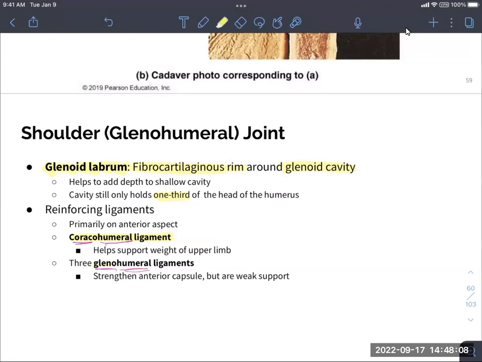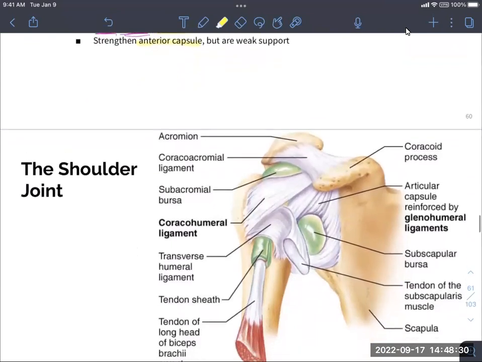So gleno, okay, it attaches to that glenoid cavity or glenoid fossa. Humeral, well, it goes to the humerus, and it's another ligament. That's at the anterior. And the coracohumeral ligament supports the weight of the upper limb. So they do a lot.